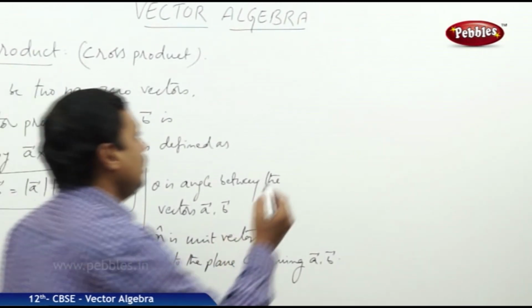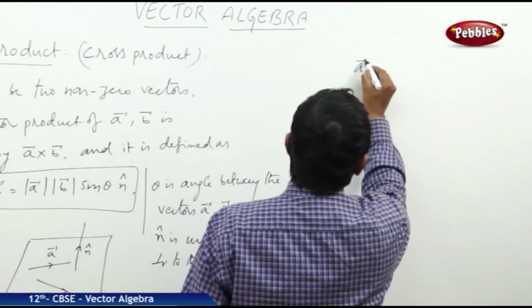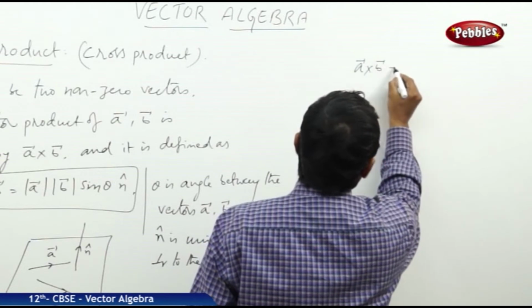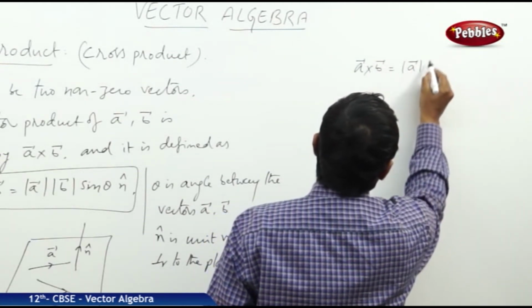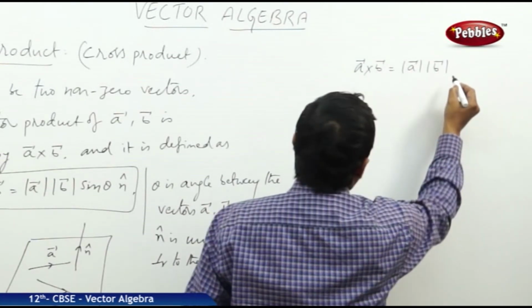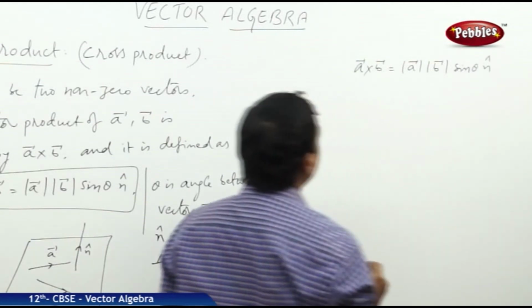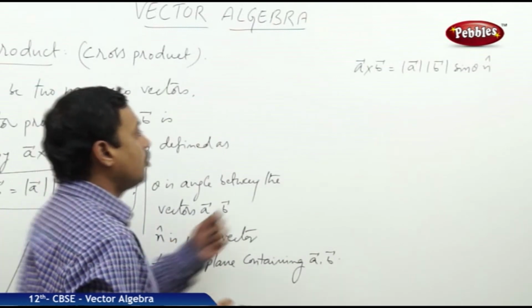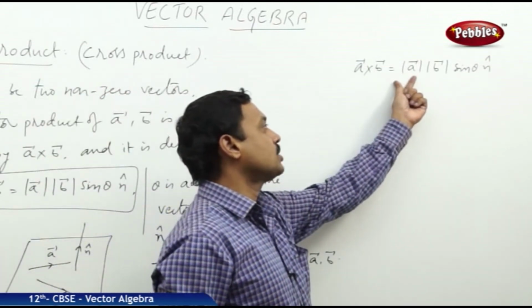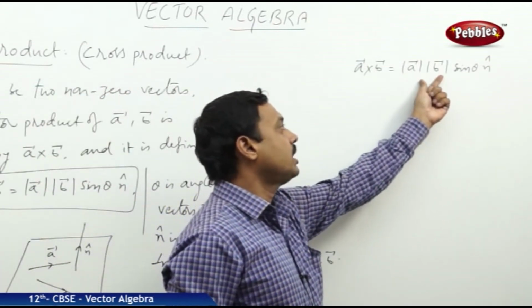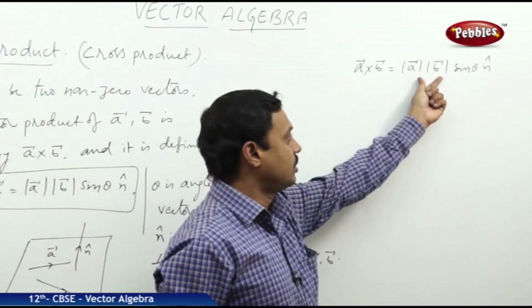Now you see, a cross b is defined as mod a mod b into sin theta into n cap. We know that modulus of a is a positive quantity. Modulus of b is also some positive number.